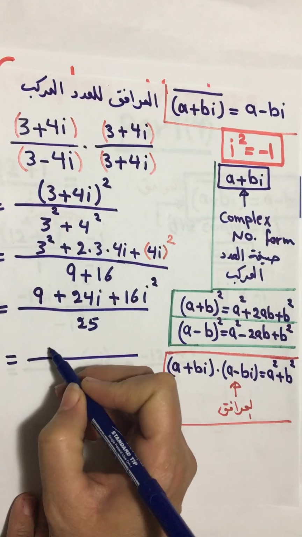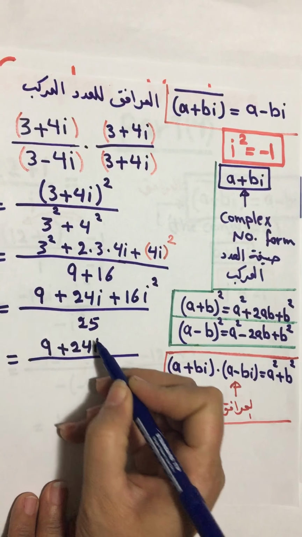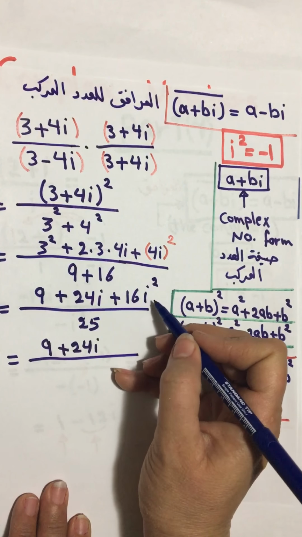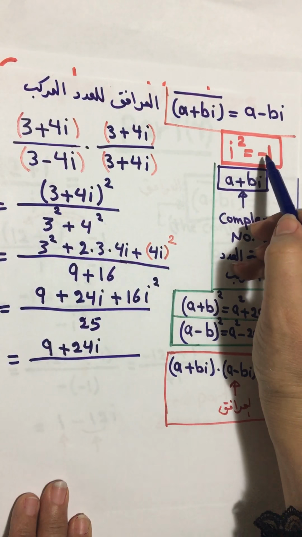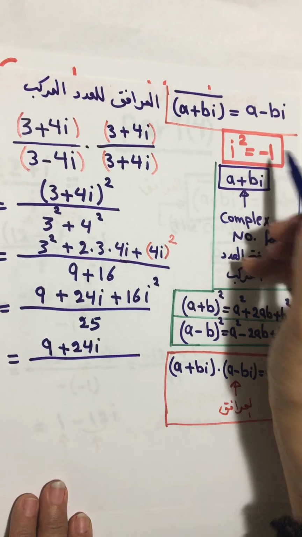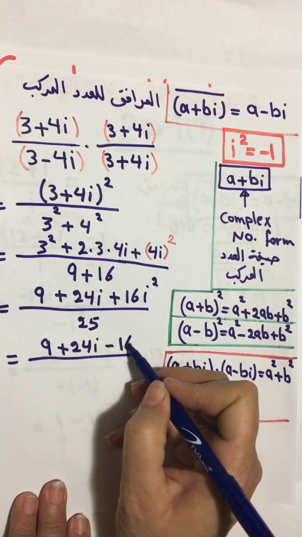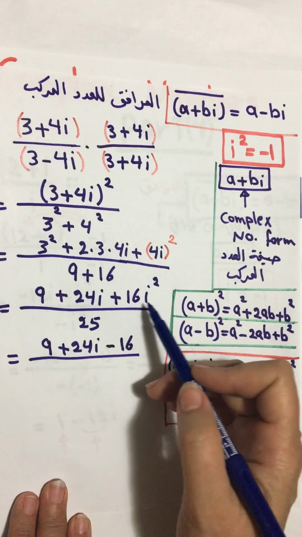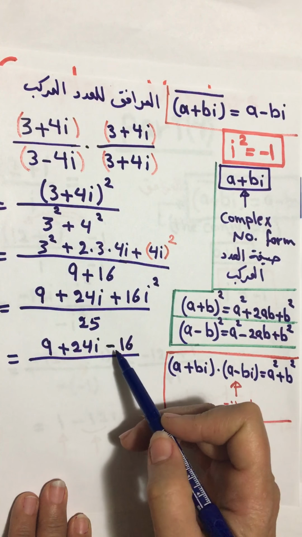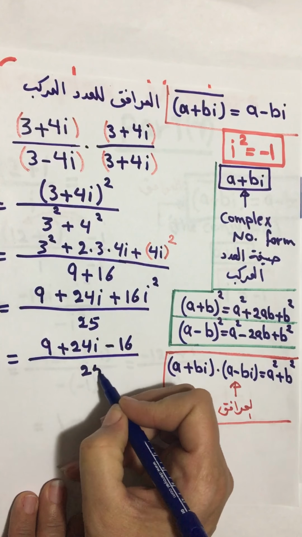Equals 9 plus 24i plus 16i squared. I know i squared equals negative 1, so I can have minus 16, because it means 16 times negative 1, which is minus 16, over 25.